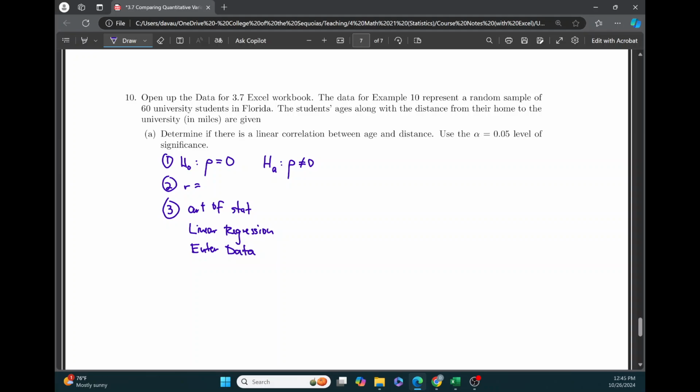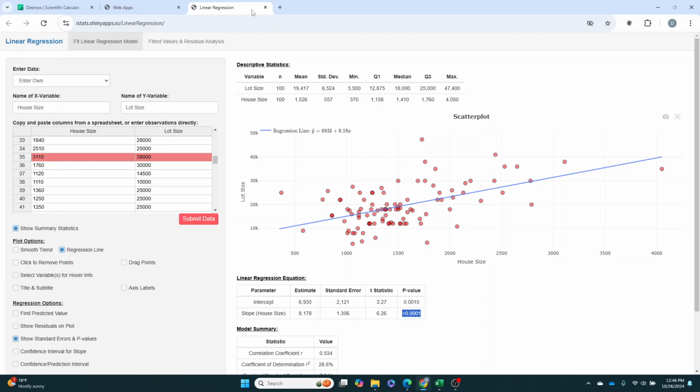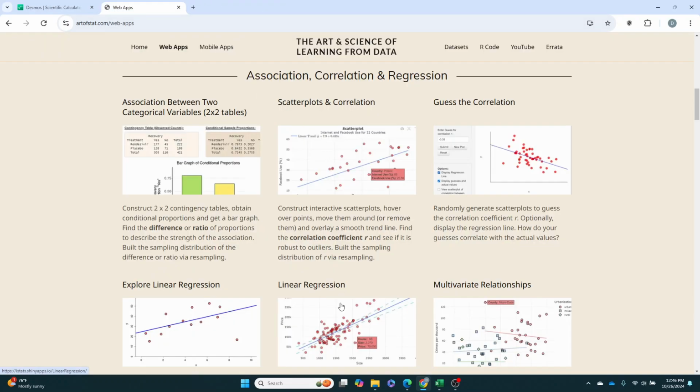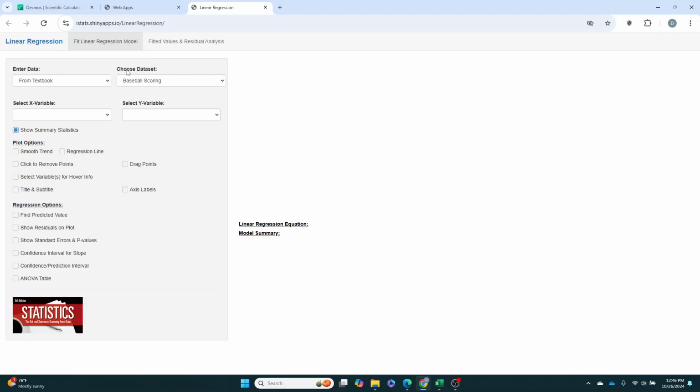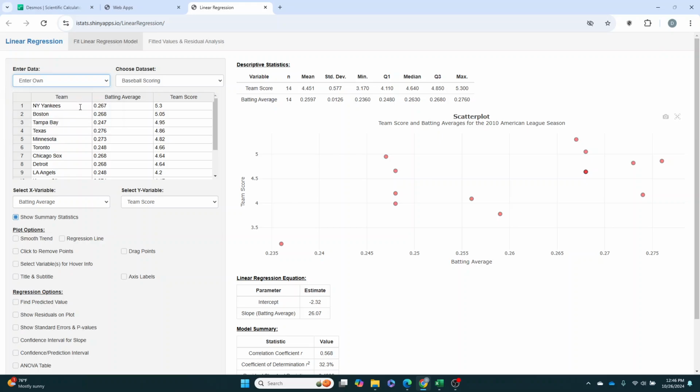And then we can get a p-value. So let me open up a clean app. We want to enter our own data.